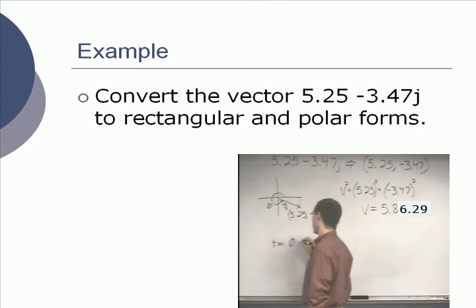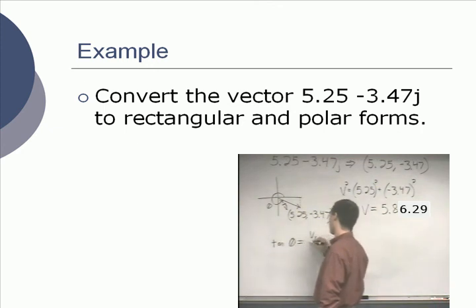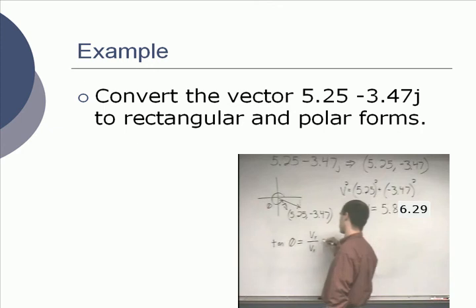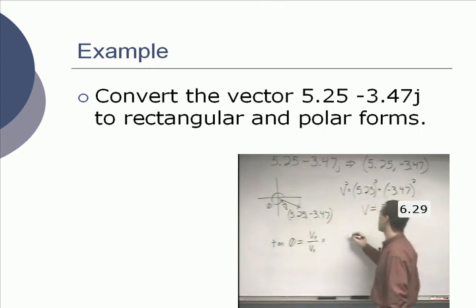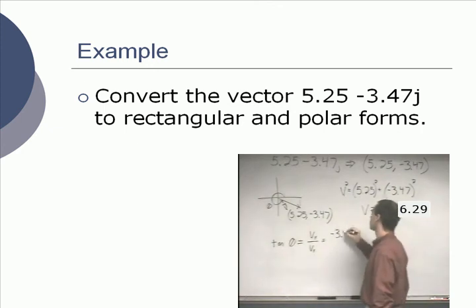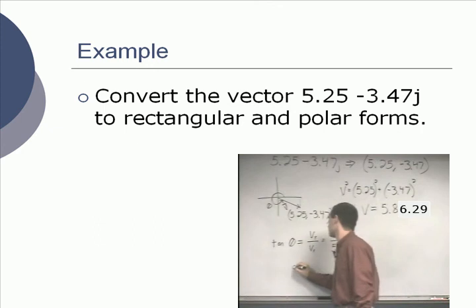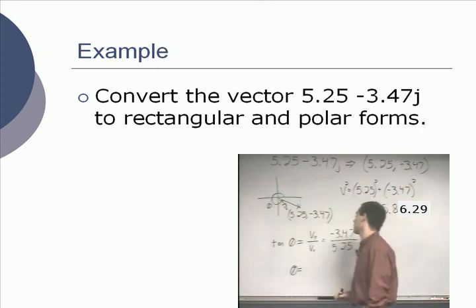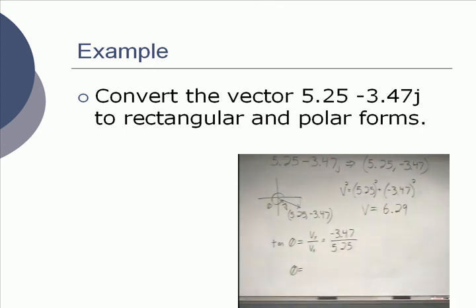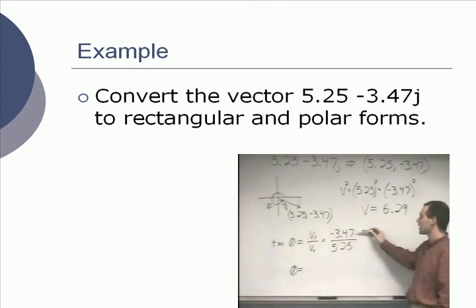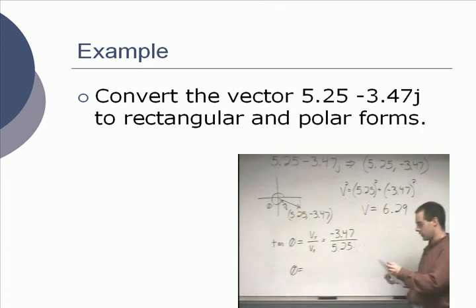We know the tangent of our angle is always the y component over the x component, which is negative 3.47 over 5.25. What about an angle? The tangent of theta is going to be negative 3.47 over 5.25.